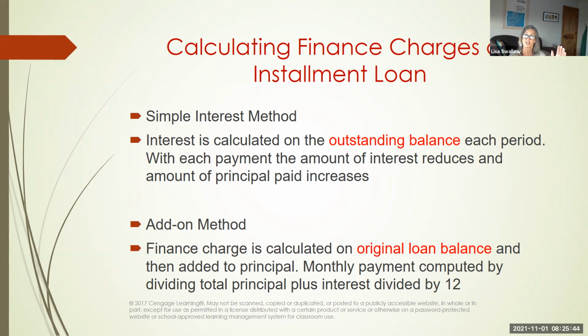And the answer is it's going to be lower because my principal is lower because I just paid it down a little bit, right? So with each payment, the amount of interest is reduced and the amount of principal increases.